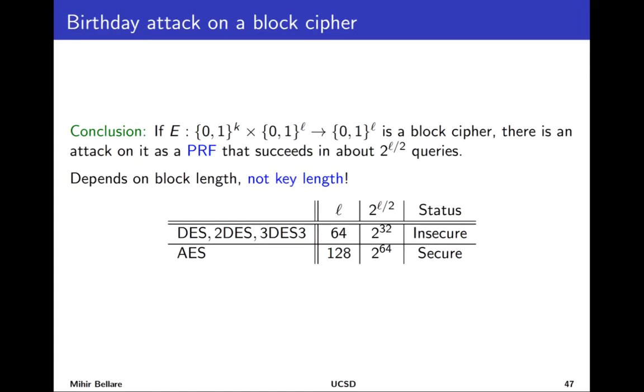The takeaway is that we think of AES as a secure PRF and we think of DES as not a secure PRF. At a high level, this is an illustration of how changing the metric has impacted our conclusion about the security of different block ciphers. Block ciphers that had looked fairly similar under key recovery security, say 3DES and AES, are now very different. One is secure, one is not.